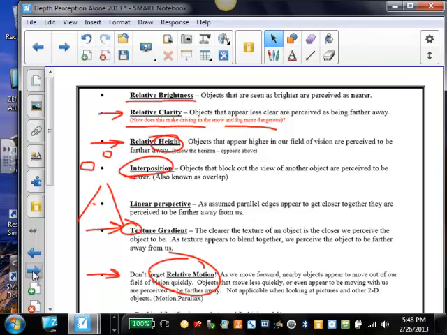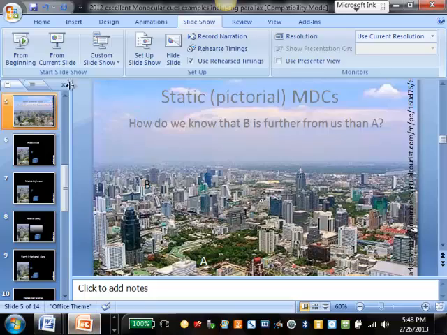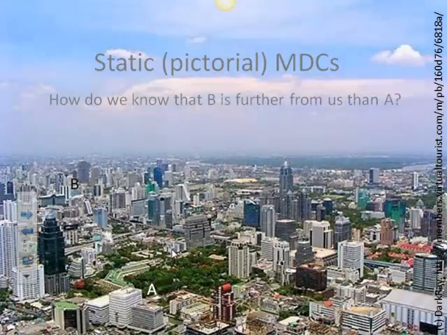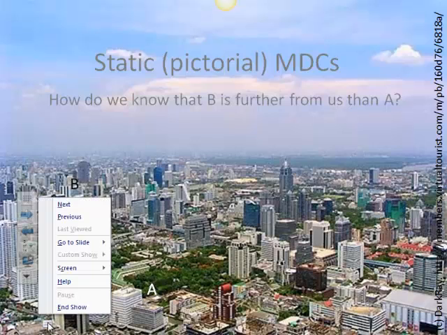I'm going to take a look at some examples right now. We're going to switch screens here, if we can, for a second. We're going to go to this scene. And basically what we're trying to look at here in this visual scene is how do we know building B is farther away than building A?